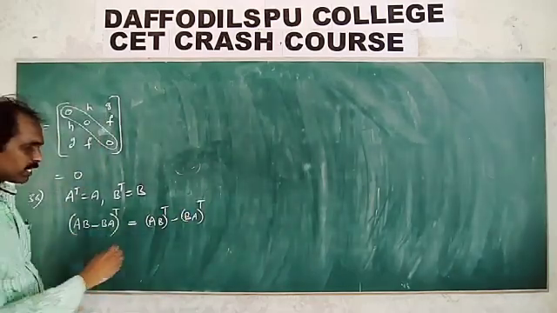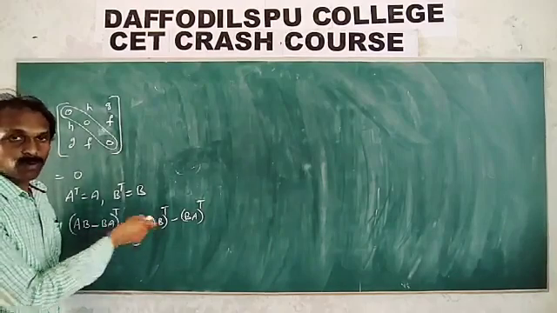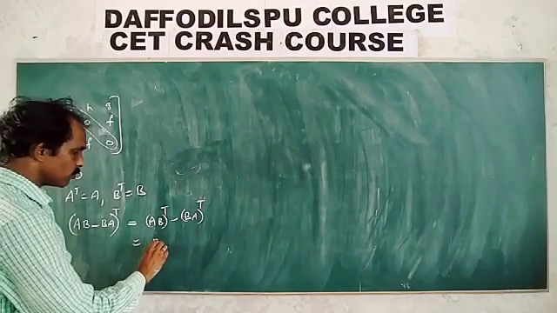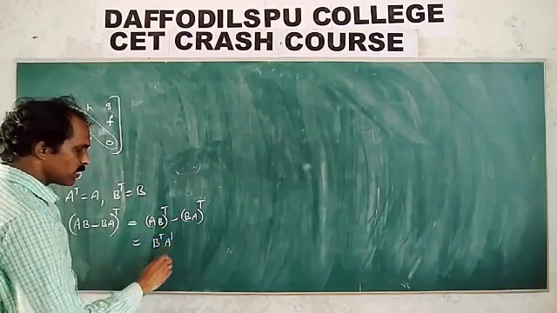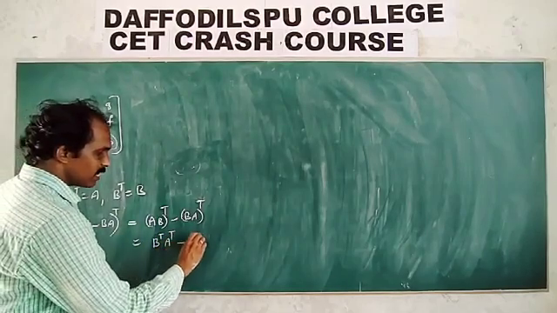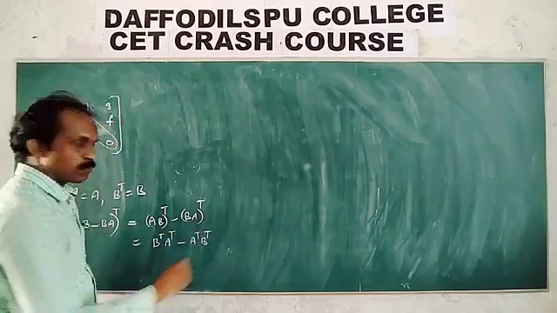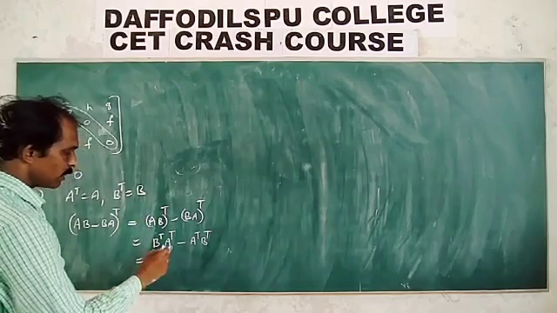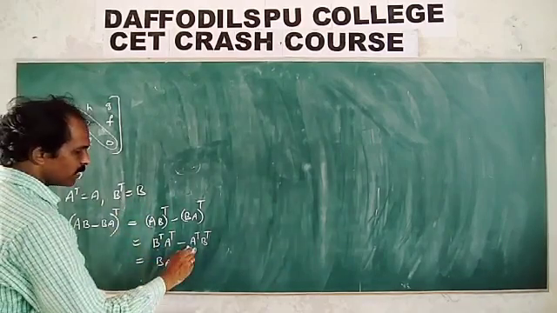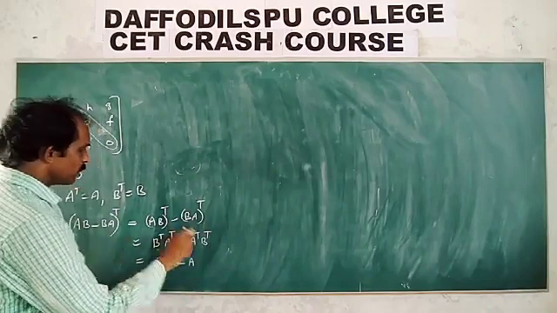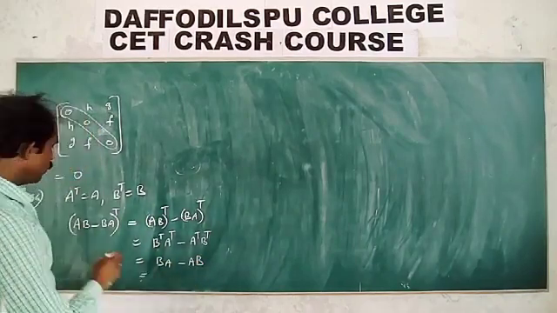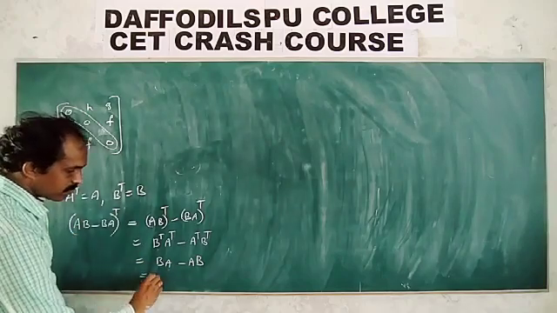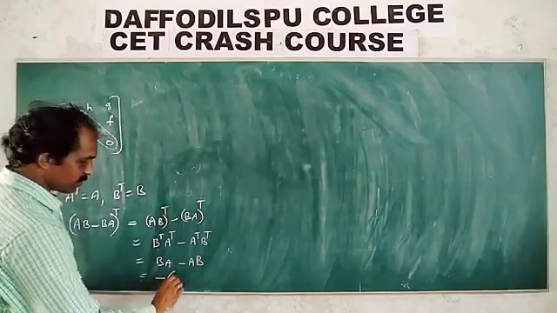One more property of transpose matrix: AB whole transpose is equal to B transpose into A transpose. This is equal to B transpose value B, A transpose value A, minus A transpose value A, B transpose value B. Okay, if you take AB minus BA whole transpose, take minus common.